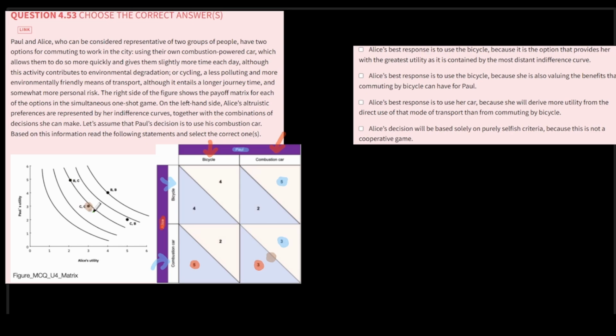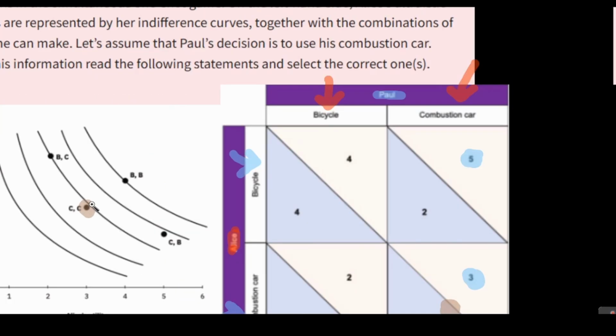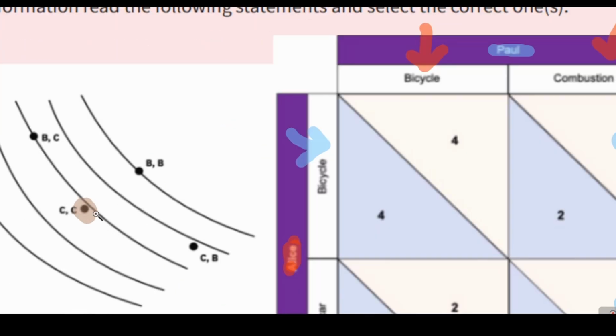I thought they were both on the same indifference curve, meaning she would be indifferent between those two outcomes. But as I look closer here, let's zoom in. CC is actually below that indifference curve, meaning no, she would not be indifferent between those two options. It's just slightly below. So, never mind. I take back that statement I was going to make.